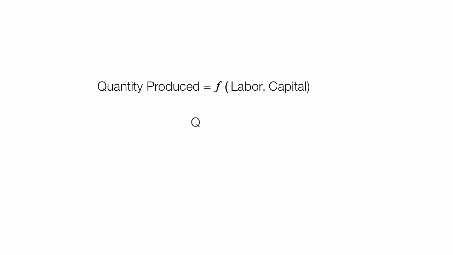And in your textbooks, you'll see Q is equal to f of L and K, where that little f means function, and capital is denoted by K. So quantity is a function of labor and capital. And sometimes, since capital is fixed, that's what that little line over the top means, it's written as quantity is equal to a function of labor. Along the x-axis, I'm going to graph units of labor, and that can be number of workers or hours.